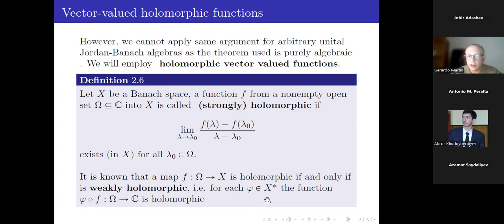Then the main result related with the Lie-Trotter formula is the following one.